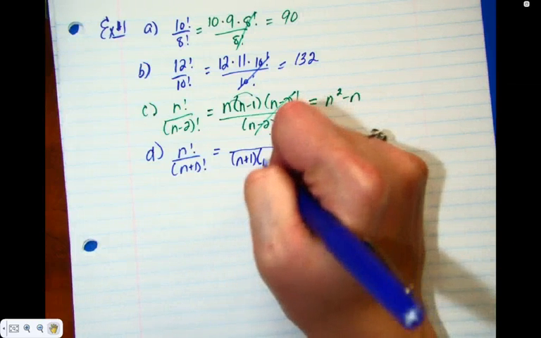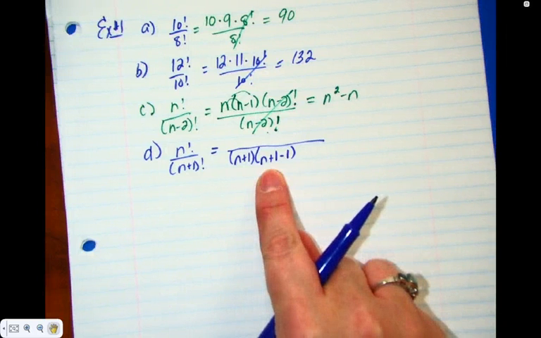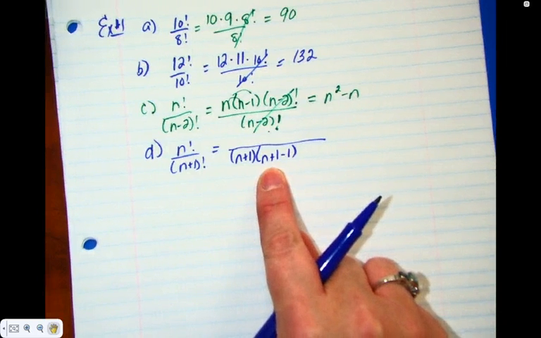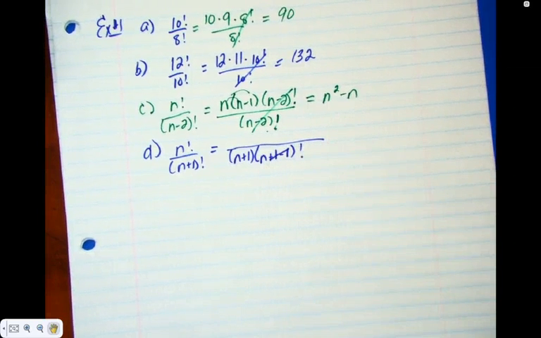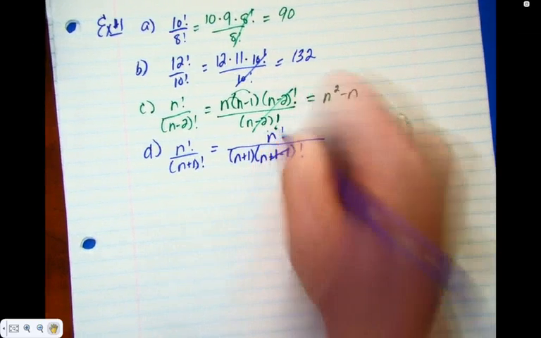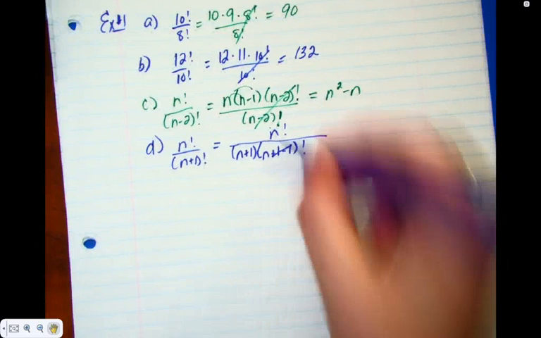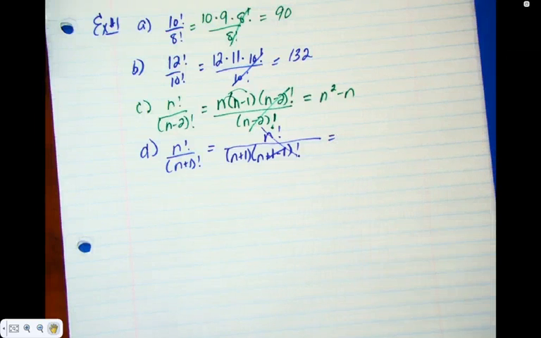Now, in theory, we're going to have n plus 1 minus 1. And I wouldn't normally write that out. I would jump straight to what n plus 1 minus 1 is, which would just be n, and that's where I'm choosing to stop. Why am I choosing to stop there? Because that's what the top is. So the n factorial on the bottom and the n factorial on the top are going to cancel.